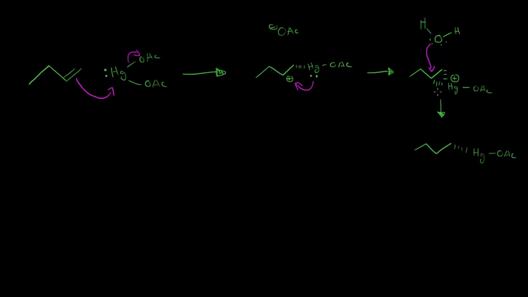You get something like, I should have done this. Gotta fix my arrows. So since this is dashed, this H2O incoming group has to be wedged because it has to attack from the back.